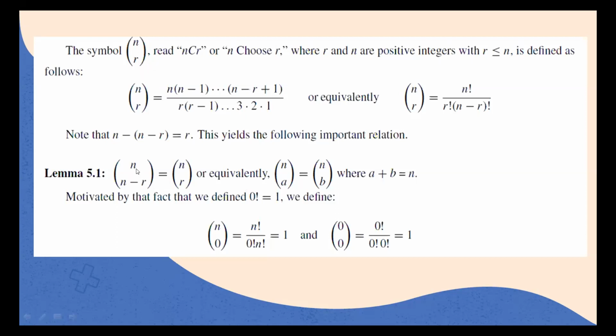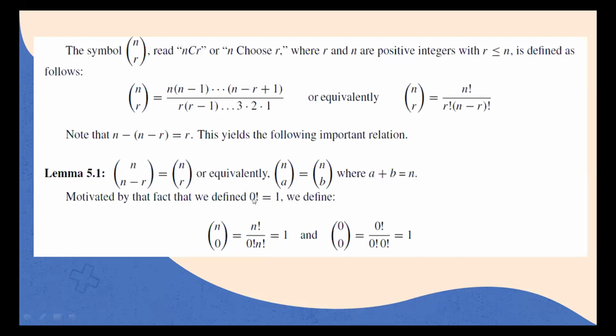So n choose (n minus r) is equal to n choose r. So 7 choose 3 is equal to 7 choose 4, or 10 choose 6 is equal to 10 choose 4. And this is reflected also in Pascal's triangle, and you will see why. If a plus b equals n, then n choose a equals n choose b, and that's equivalent to this.